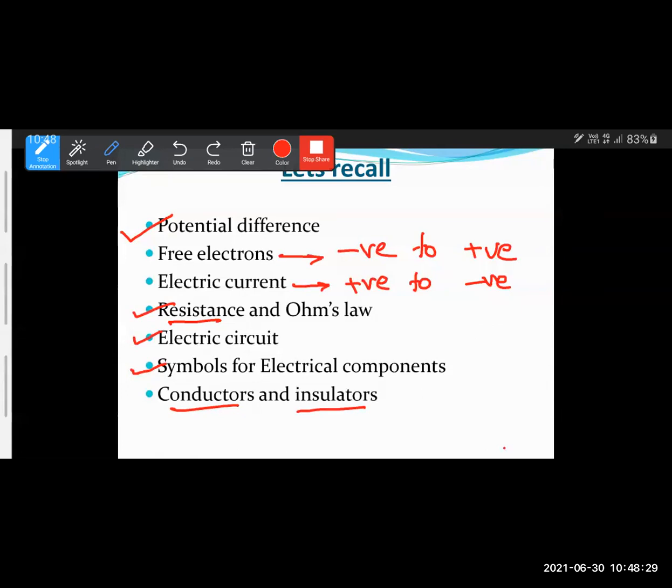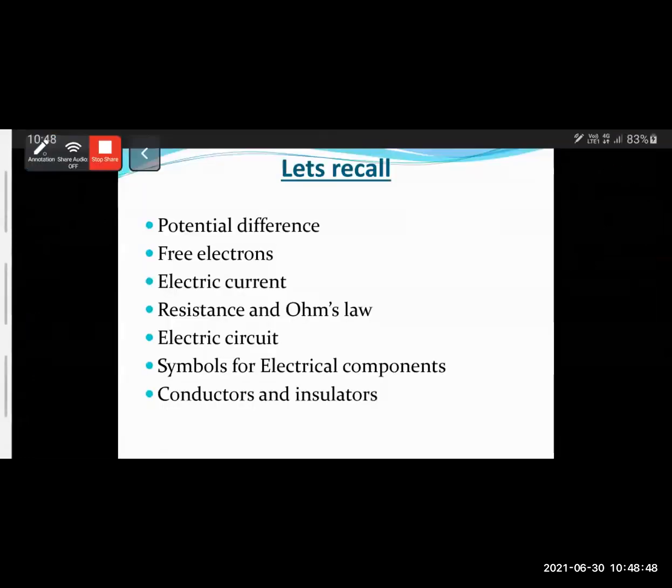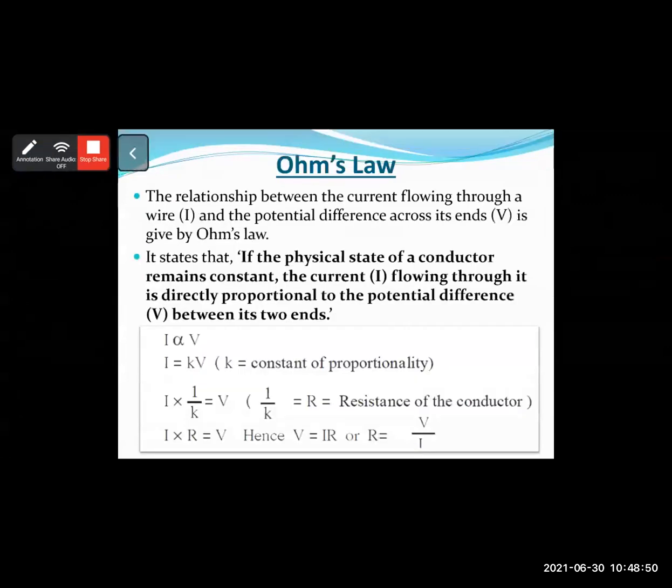Whereas substances that do not conduct electricity are called insulators. Substances such as plastic and wood do not conduct electricity, so they are said to be insulators. Now further we will see the concept of resistance and the concept of Ohm's law.